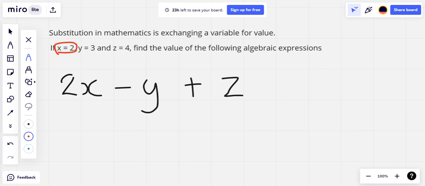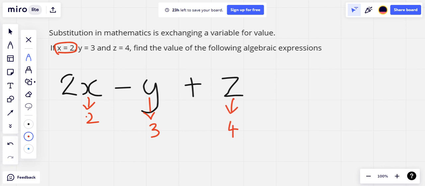Let's go. So we have x, and we know that x is 2. We know that the y here is 3, and we know that the z here is 4.